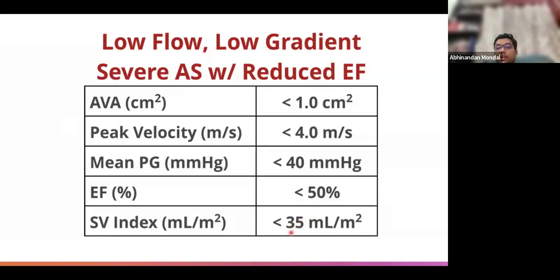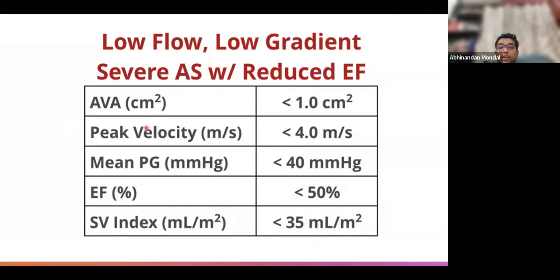That means your LV is actually hypokinetic. It is not contracting properly. So it is producing less cardiac output, resulting in a smaller stroke volume, and EF is also less. That is why it produces less gradient.